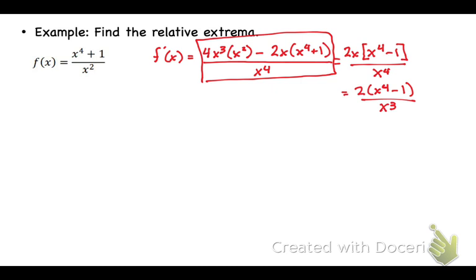Then I took out a 2x. And then you're left with 2x to the fourth minus x to the fourth. So that would be x to the fourth and negative 1. Why is it negative? Because it's a negative out here, so it has to be distributed through the quantity. Yeah, but I know where I messed up.